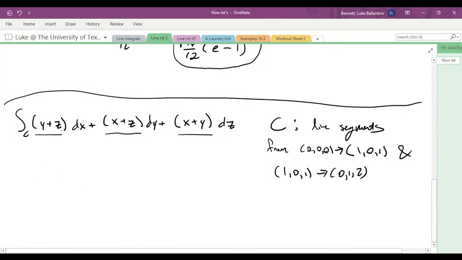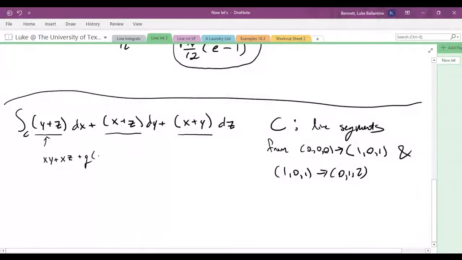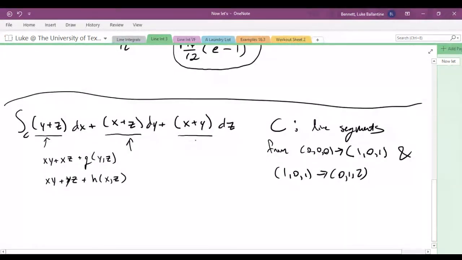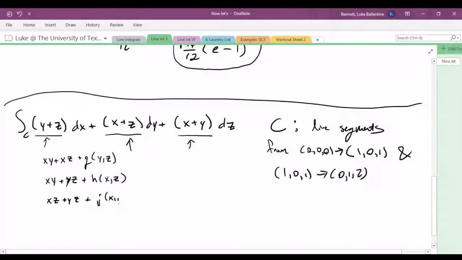If we integrate P with respect to x, we get xy plus xz plus g of yz. We integrate this one with respect to y, we get xy plus yz plus h of xz. If we integrate this one with respect to z, we would get xz plus yz plus j of xy.